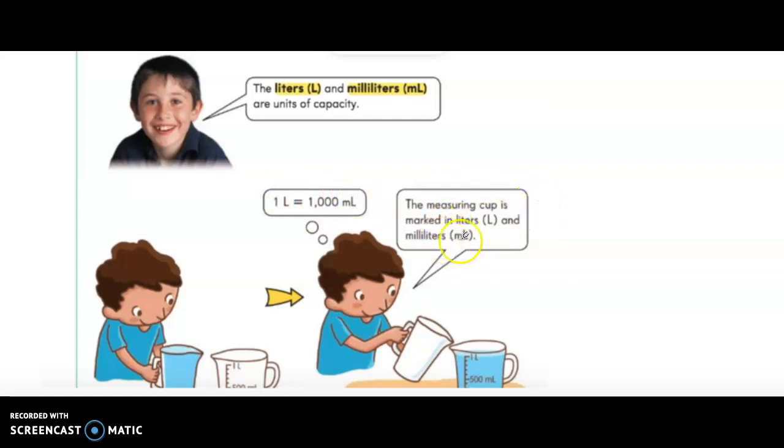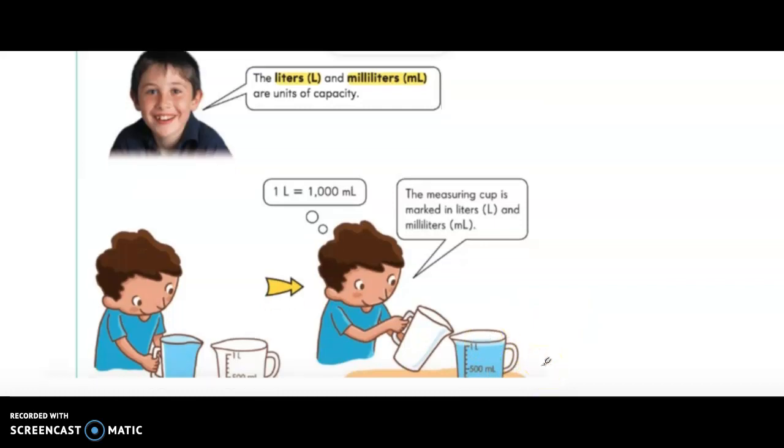The measuring cup is marked in liters and milliliters. If you take a look, we have our 500 milliliters down there, which is halfway to 1,000 because 1 liter equals 1,000 milliliters. So the most important part I would like you to take away from this slide is that the capacity of this measuring cup is 1 liter.